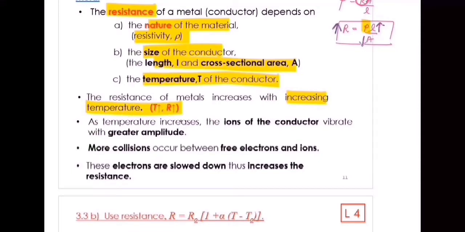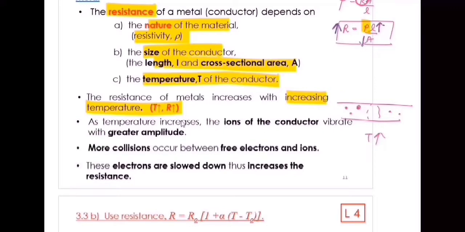This is because we have a wire, and we have electrons in it. When the temperature is increased, the electrons or the ions vibrate with greater amplitude.